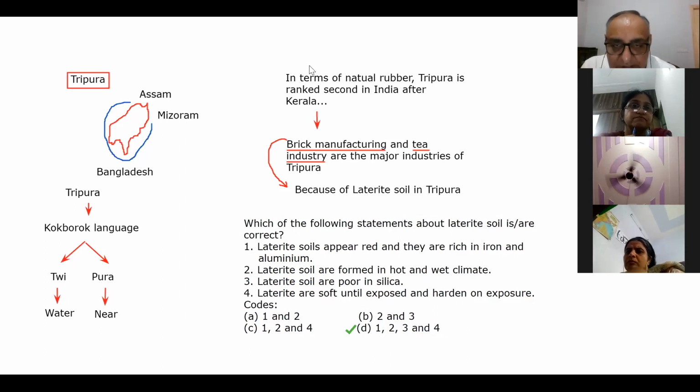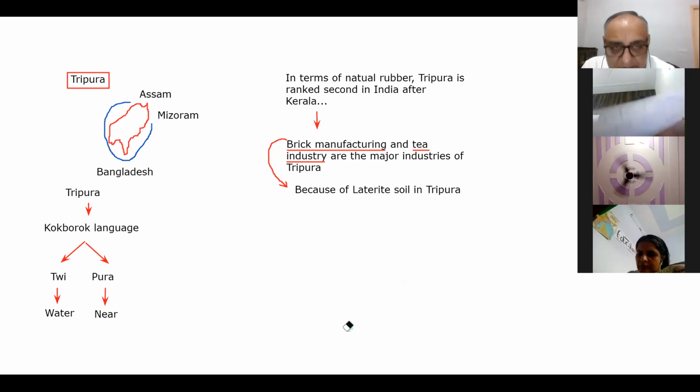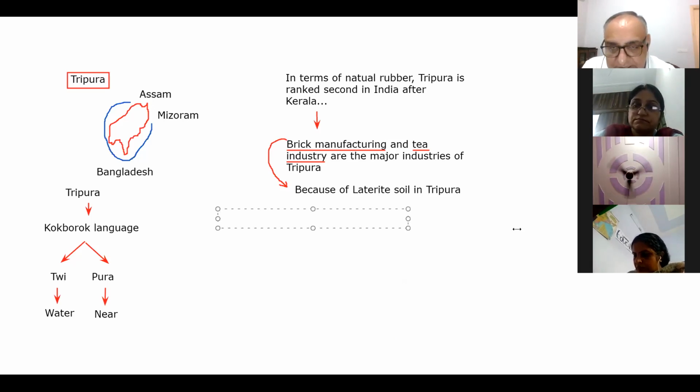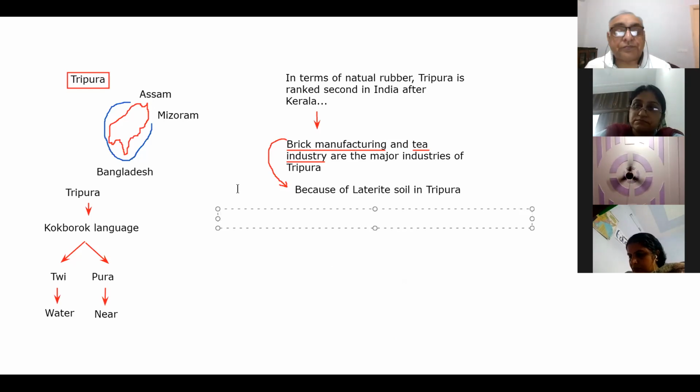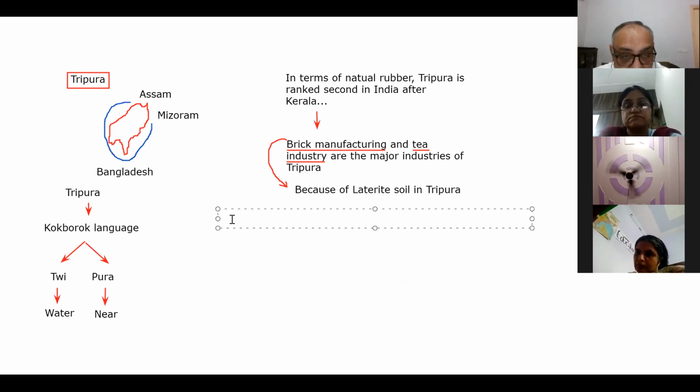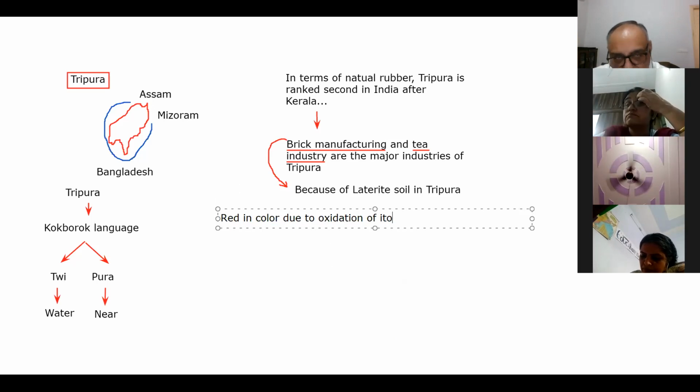So now we will discuss a little about laterite soils, so that this topic is also covered. As far as laterite soil is concerned, the first important thing is that laterite soils are red in color due to the oxidation of iron.